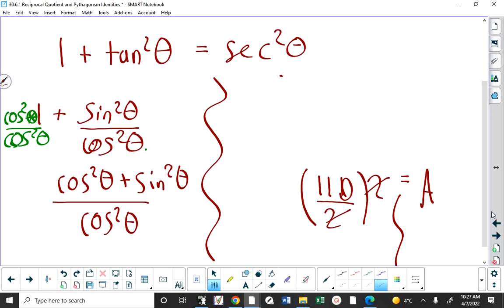And I say that because you might say, well, could I have multiplied this by cos squared and multiplied the other side by cos squared? Not if it's a proof. But if you did, do you see you would have got 1 here? And if you multiply this side by cos squared, you would get 1 as well? Because this is 1 over cos squared. So the problem was you were just arbitrarily multiplying that thing by cos squared, and you can't do that.